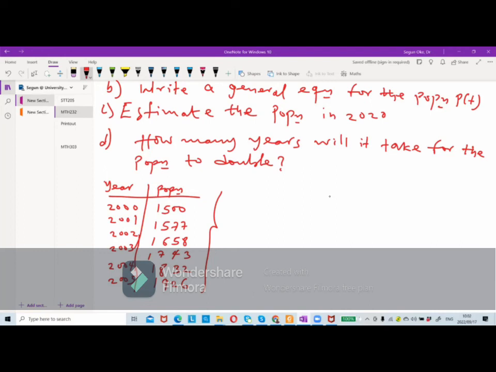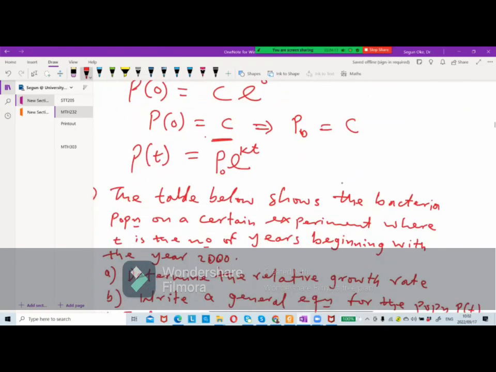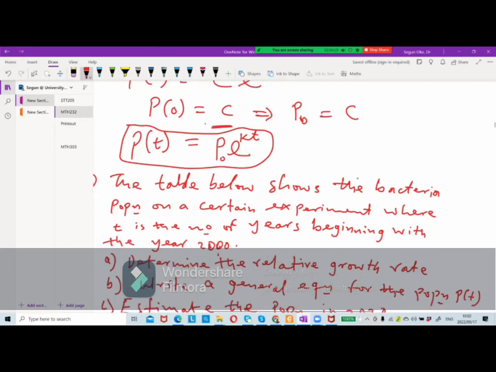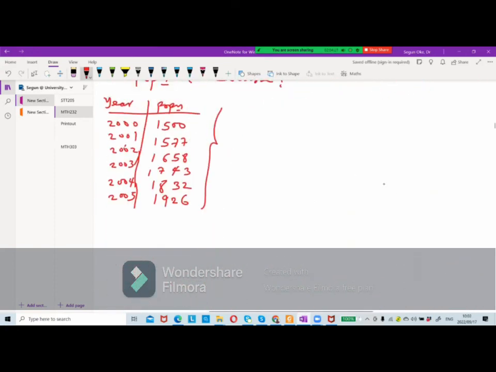Now, for us to solve this problem, you don't need to go over the model again. You already have the model. This is our model we are working with now. This is the general population model. So all you need to do is just to solve. Solution. We just put P of t, it is there in your notes too, P naught exponential kt. Then initial condition, our P naught here is what?